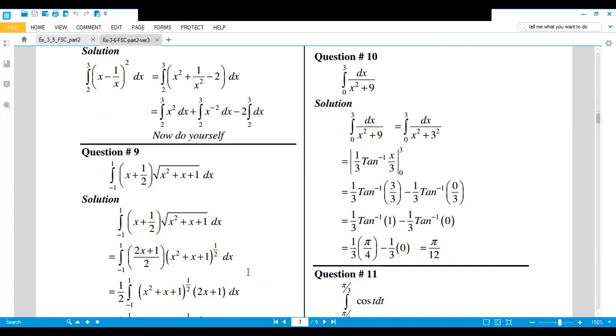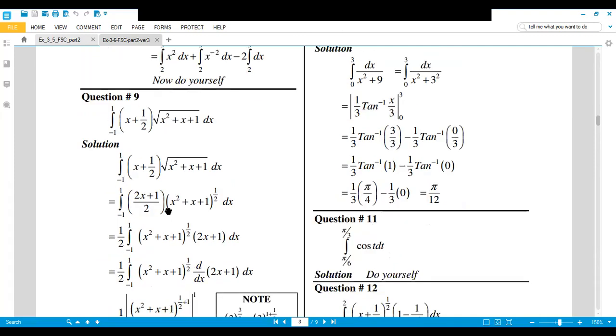Come to number 9. In number 9, minus 1 is the lower limit and upper limit is 1, x plus 1 over 2, and here the square root of x square plus x plus 1 dx. So this square root we write in the form of power. Now without the power, we take the 1 over 2 common, we take its derivative, so it will be 2x plus 1.